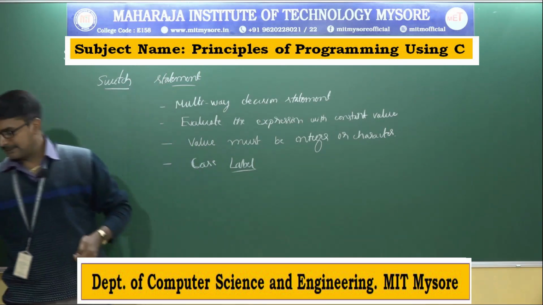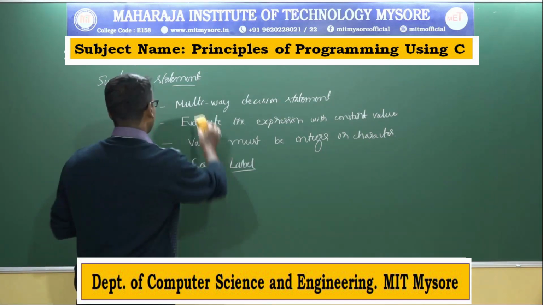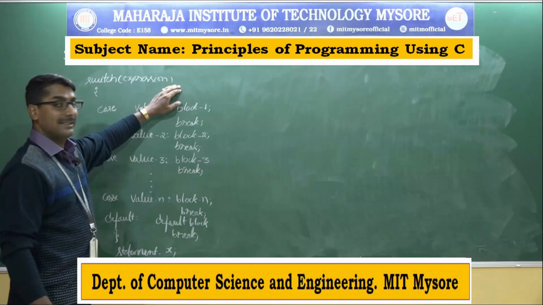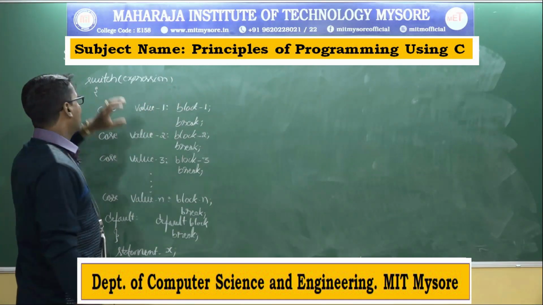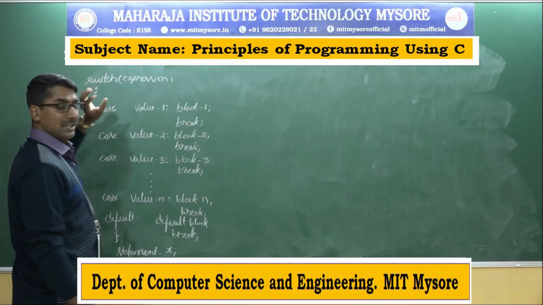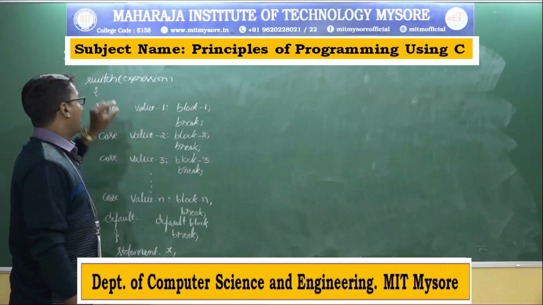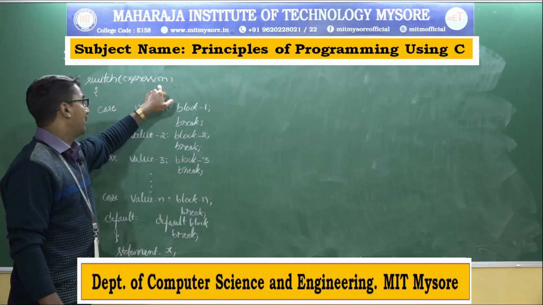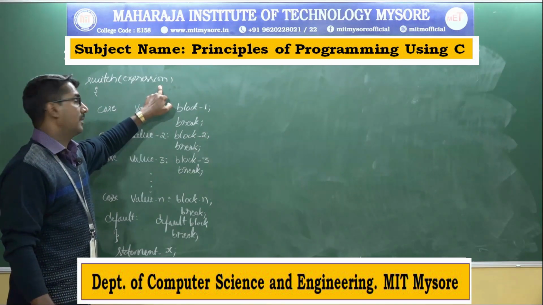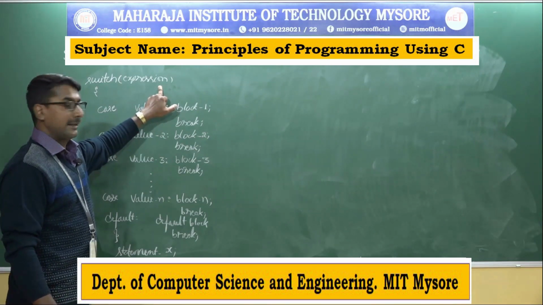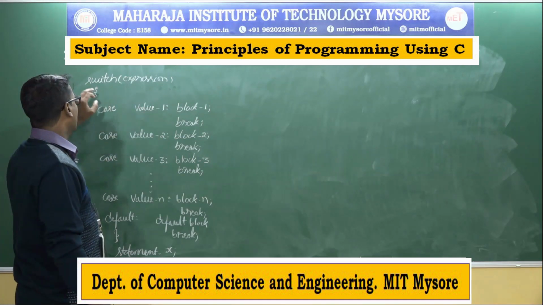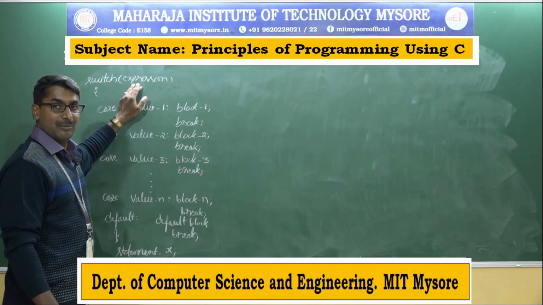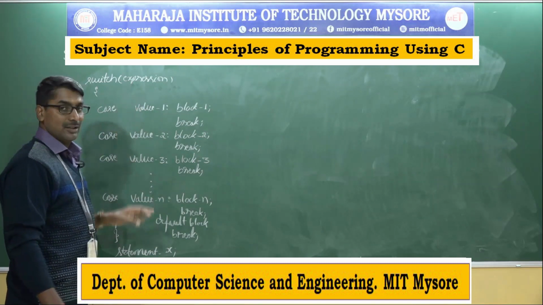Let's take the syntax of the switch statement. This is the general form of the switch statement. Here we use the keyword switch, in small letters, then the expression. The expression must be an integral expression, so it must return an integer value or a character value. Then the expression will be verified against the sequence of values.